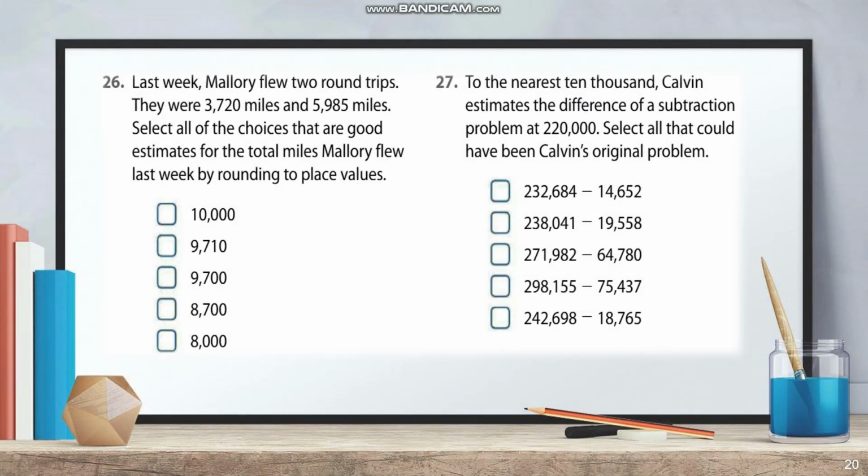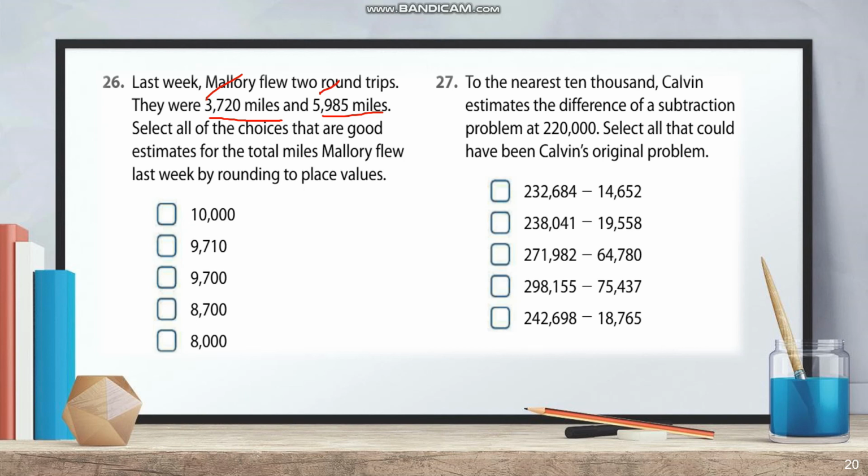Number 26. Last week, Mallory flew 2 round trips. They were 3,720 miles and 5,985 miles. Select all the choices that are good estimates for the total miles. If I estimate to the nearest thousand, this becomes 4,000 and this becomes 6,000.